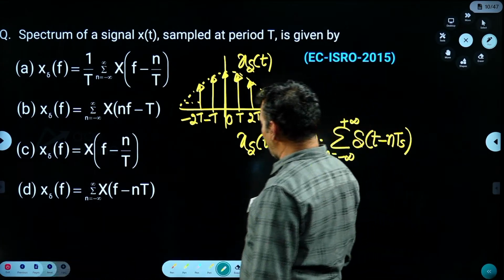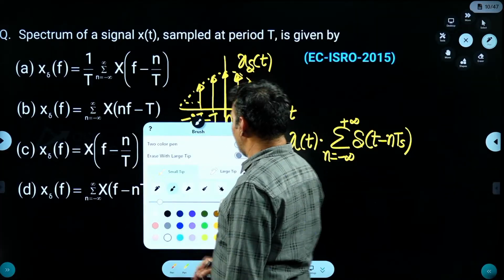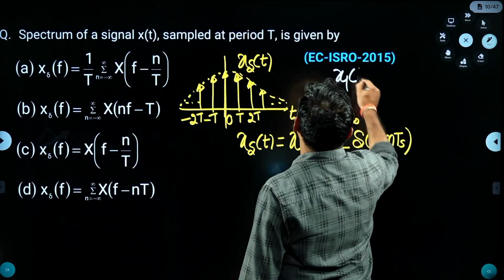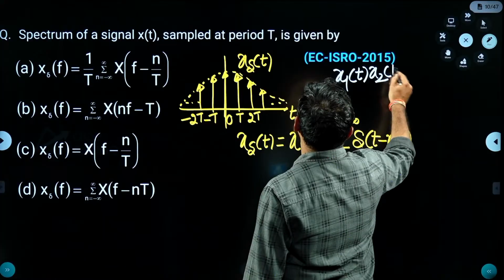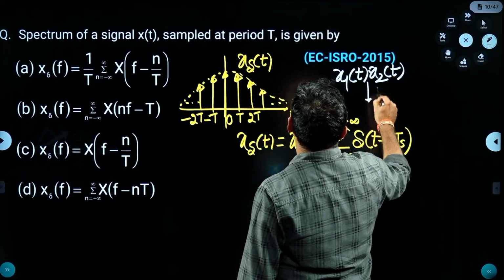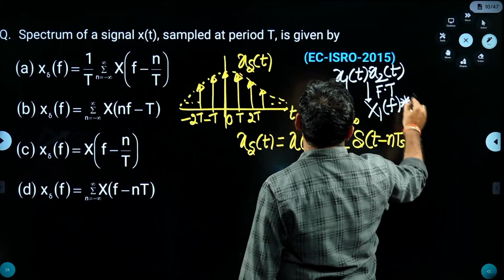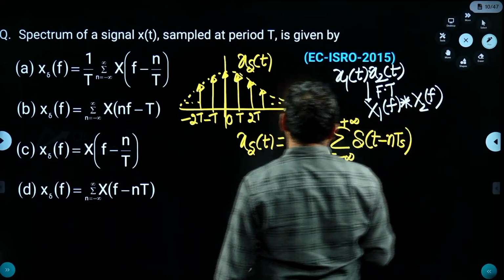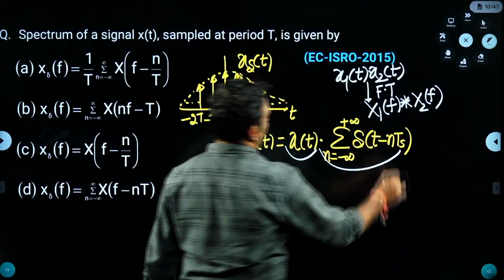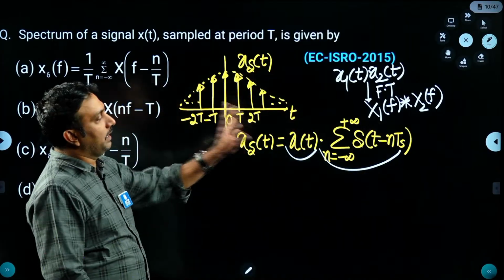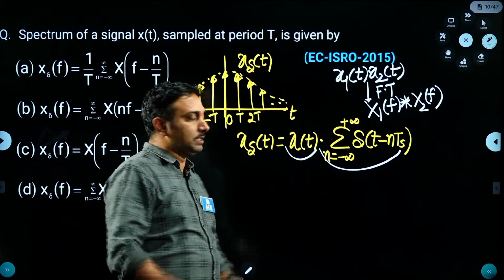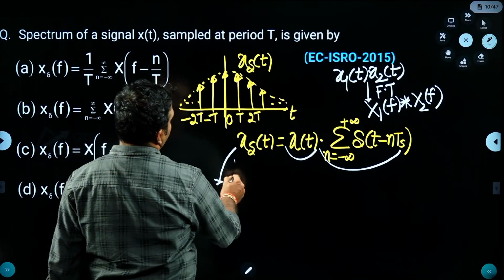For getting the spectrum of this, we need to use the frequency convolution property. When two signals are multiplied, the respective spectrums are convolved.